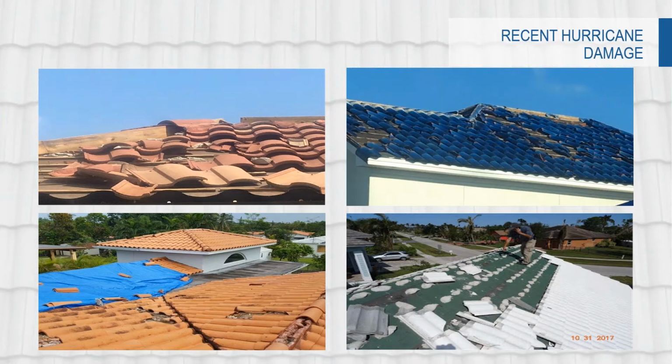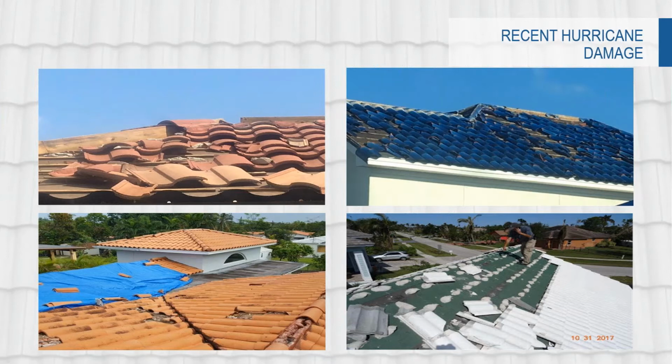On the right photo there, that blue glaze tile, for those of you that have installed a blue glaze tile before, it's a beautiful product. It's very expensive, but what the contractor and really the homeowner failed to understand there is it's not about the aesthetic look, especially if you're in a wind-prone area.